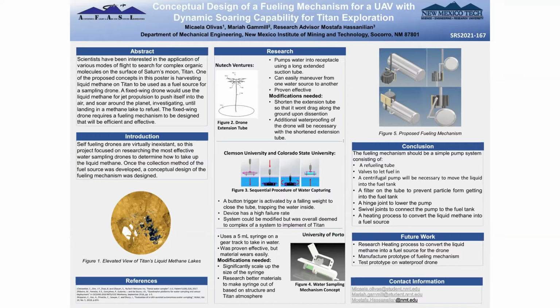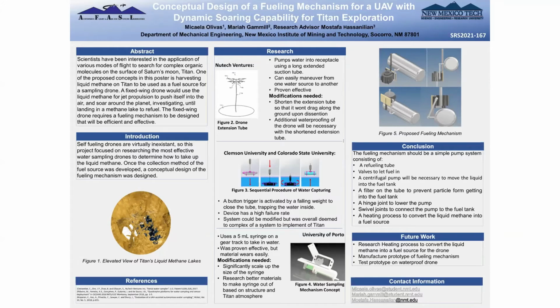One was a long extension suction tube that would take up the water. Another was a pipe that would be lowered into the water, and then a timing mechanism would close the pipe, and then it would breathe out the water. And the third one was a syringe on a servo motor.